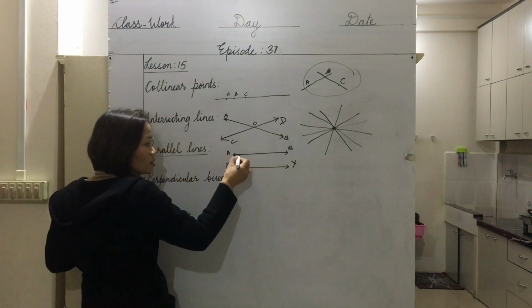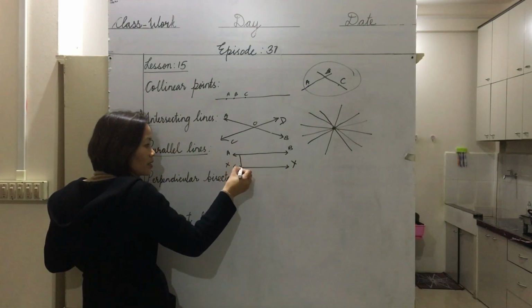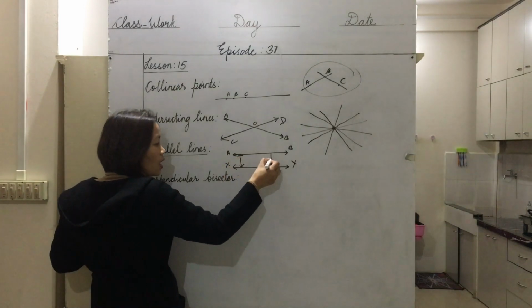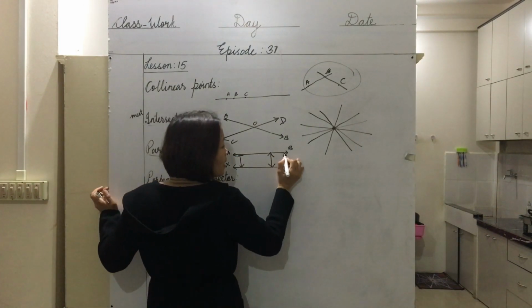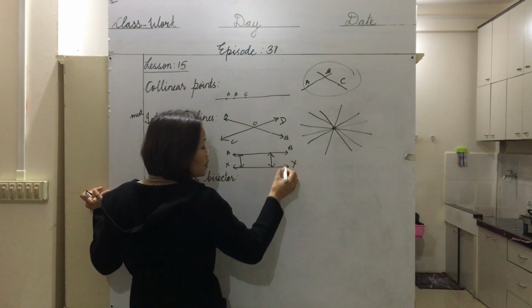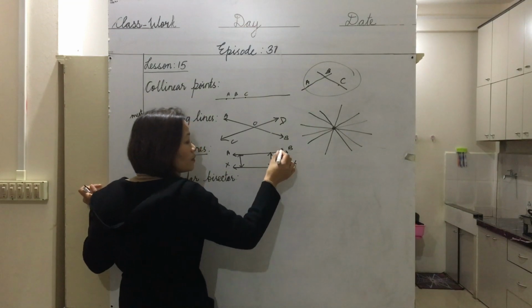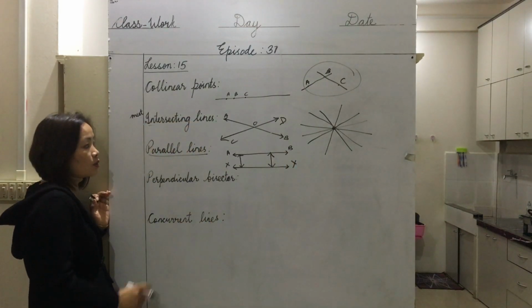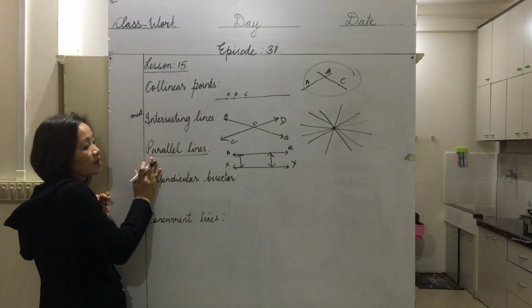The distance between the 2 lines is the same even when they are extended. These 2 lines never meet. So this type of lines are called parallel lines.